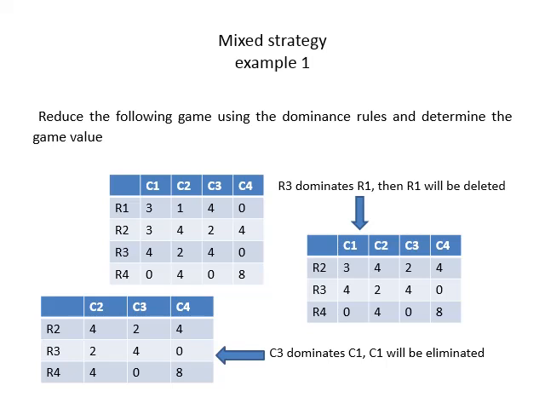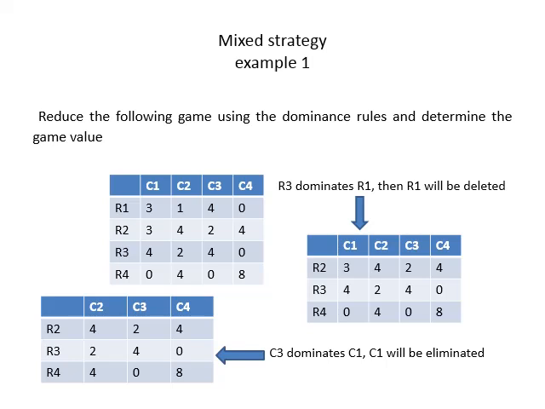Looking at row 2, you will notice that 3 equal 3, 4 more than 1, 3, 4 more than 3, 2 more than 1, 4 equal 4, and 0 equal 0.